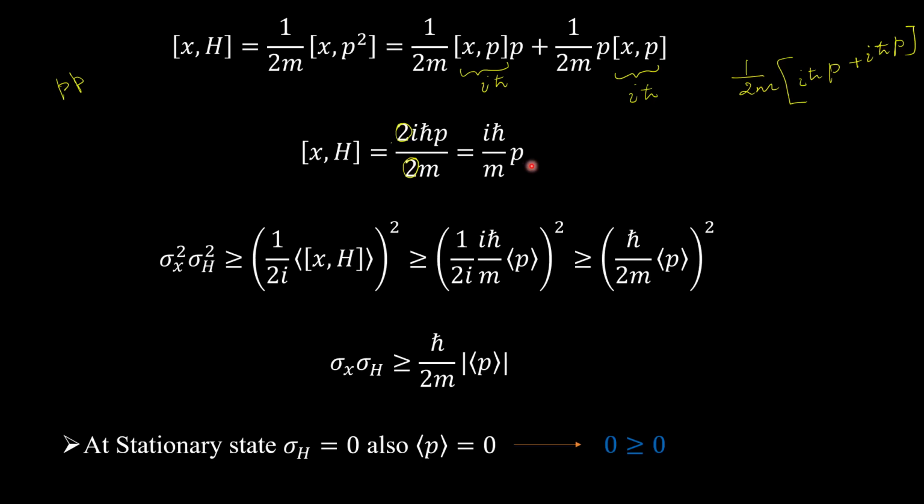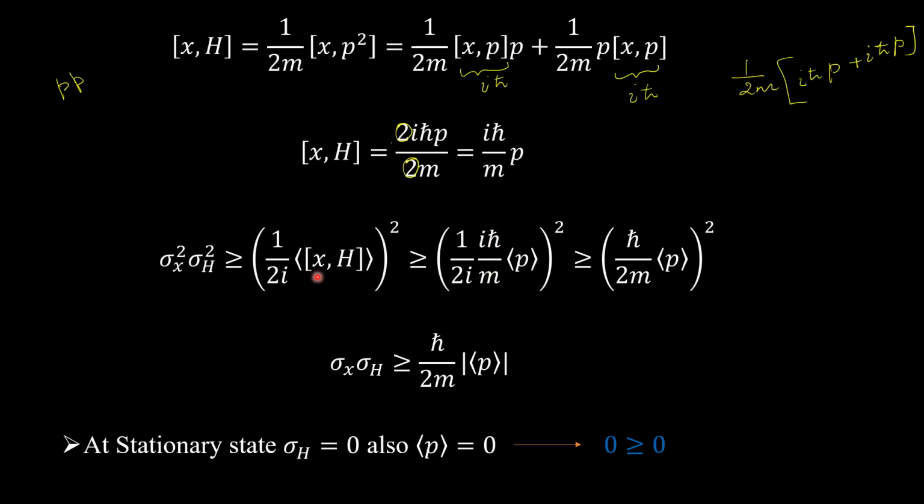So we got the value for the commutator of x with the Hamiltonian, which is equal to i h cross over m multiplied by p. Now, according to the generalized uncertainty principle, sigma x squared into sigma H squared is equal to or greater than the square of 1 over 2i times the expectation value of the commutator of x with H. We have seen the commutator of x with H is equal to i h cross over m times p.